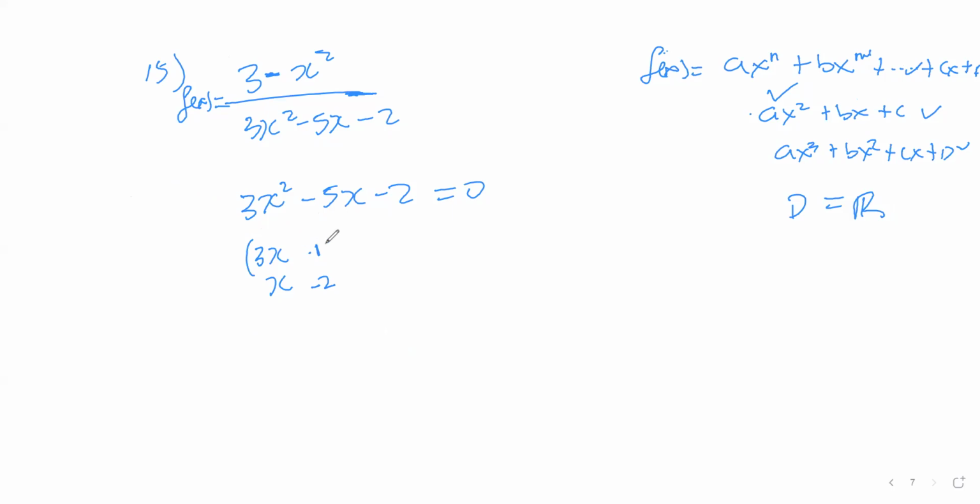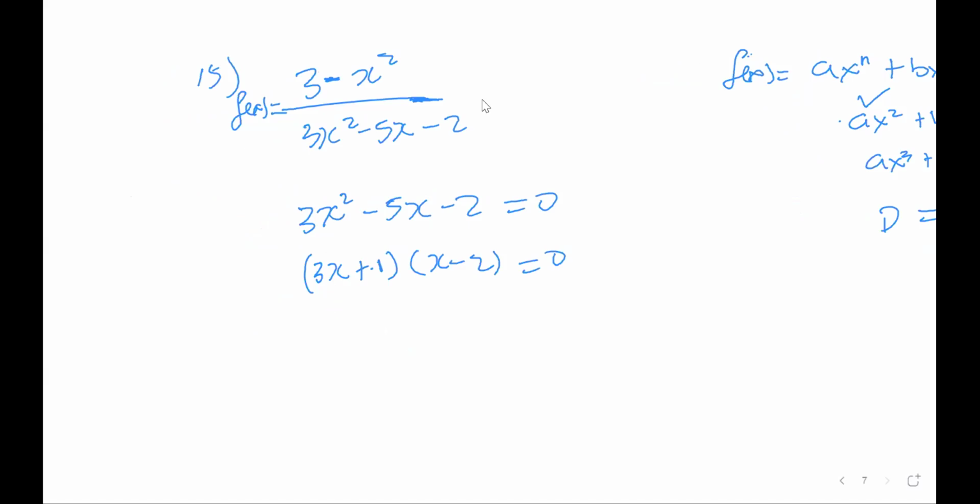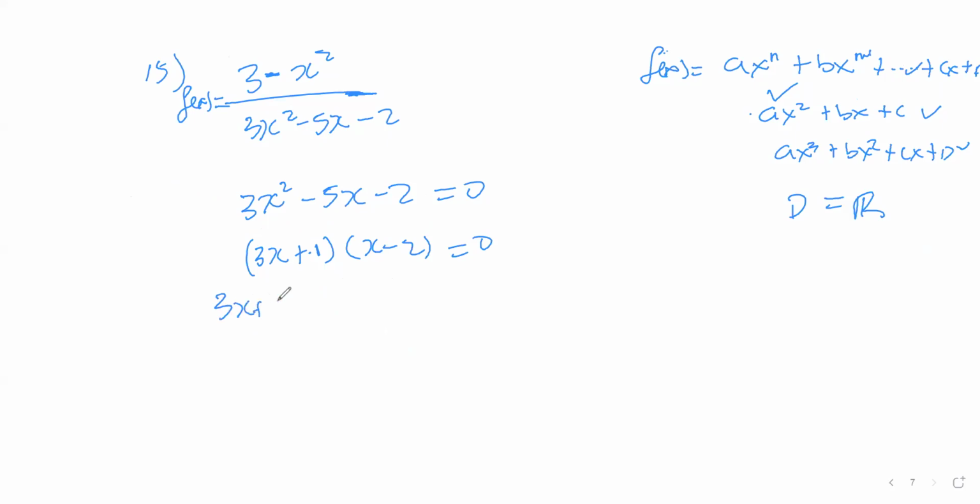So that tells us by trial and error that these are our factors. Our factors are (3x plus 1) times (x minus 2) equals 0. Then we are ready to solve for x. So 3x plus 1 is 0, or x minus 2 is 0. 3x is negative 1, x is minus 1 over 3, or x is 2.